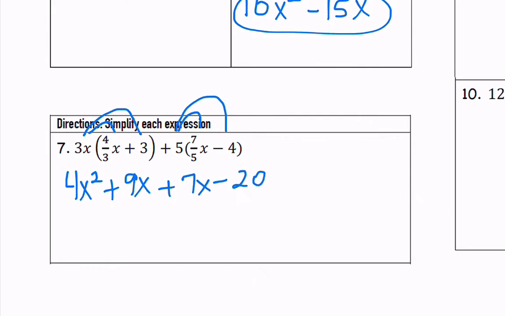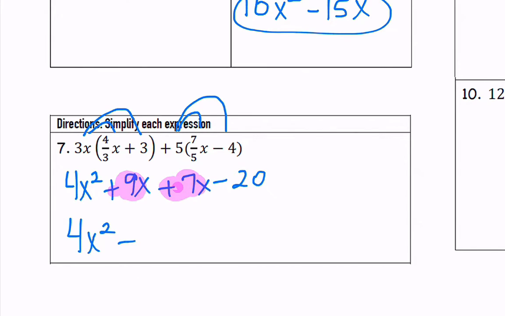All right, so we're not quite done yet because we do actually have like terms that we can combine. If you look in the middle, we have a positive 9x and a positive 7x. So those are the ones that we can combine. There are no other x squareds. These 4x squareds would just drop down. We had 9x and 7x. Since they both have just one x, we can combine those because these are alike. 9 plus 7 is 16.